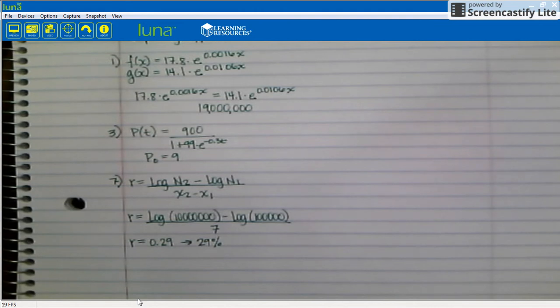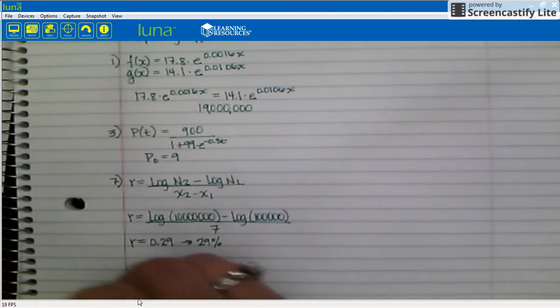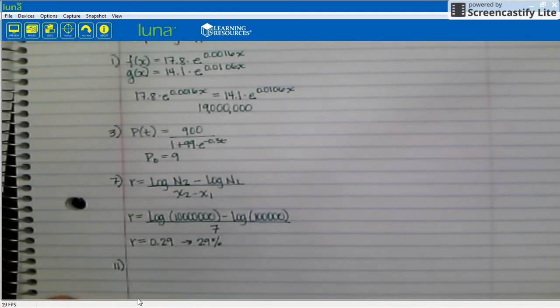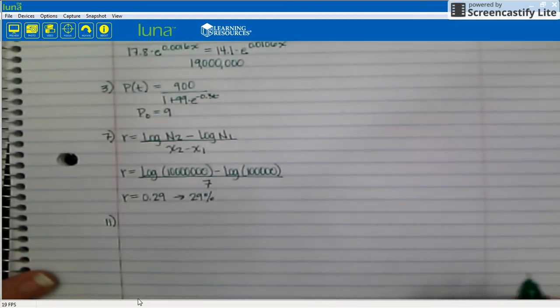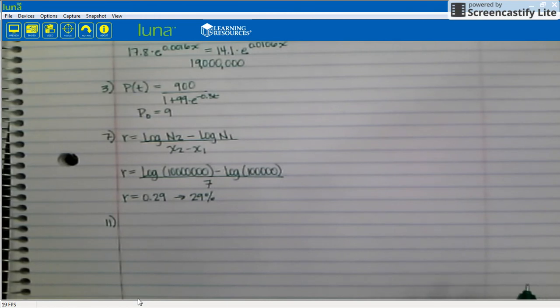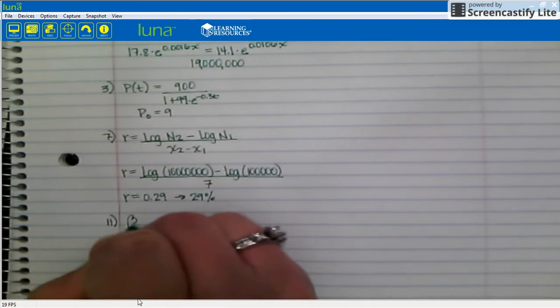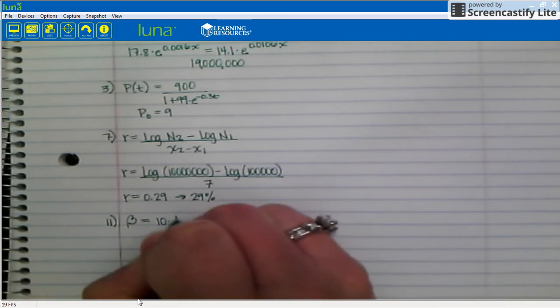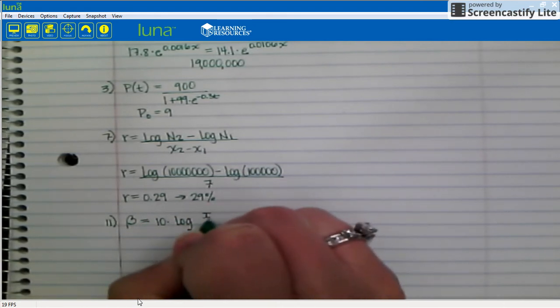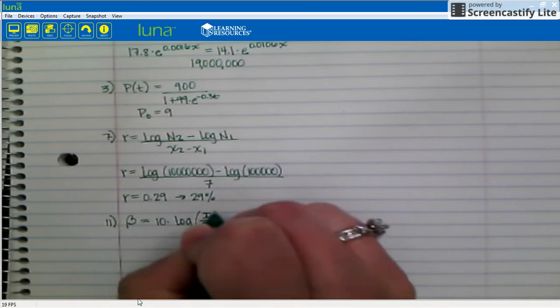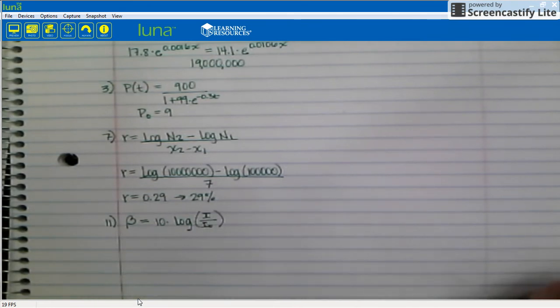On the same handout, take a look at number 11. It says, what is the intensity in watts per meter squared of a noise measured at 78 decibels? And they tell you that the level of sound intensity in decibels is beta is equal to 10 times the log of I over I naught, where beta is the number of decibels, I is the sound intensity, and I naught is 10 to the negative 12th watts per meter squared.